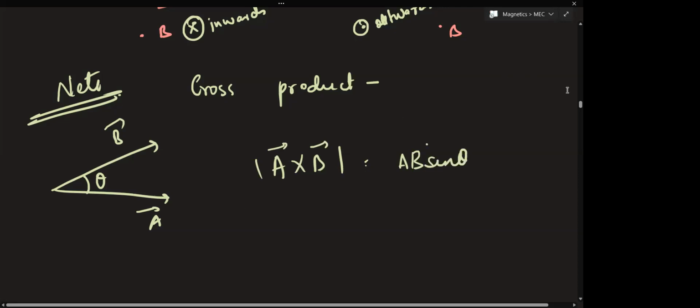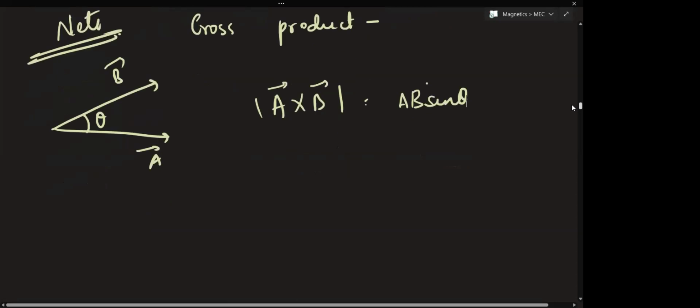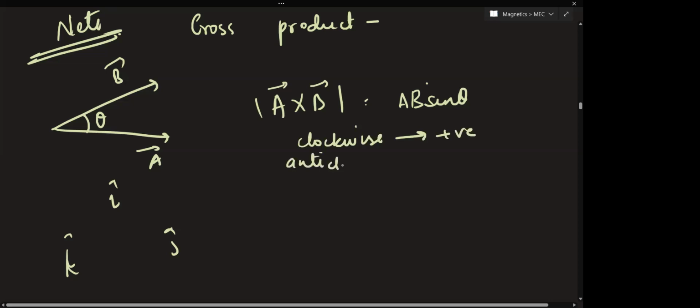Now, how to write their directions or how to choose them? It's better if you write i cap, j cap, k cap. For all those who forget whether k cap cross j cap gives minus i cap or plus i cap, it's better to write it in this way: i, j, k. For clockwise, take it as positive, and for anti-clockwise, take it as negative.